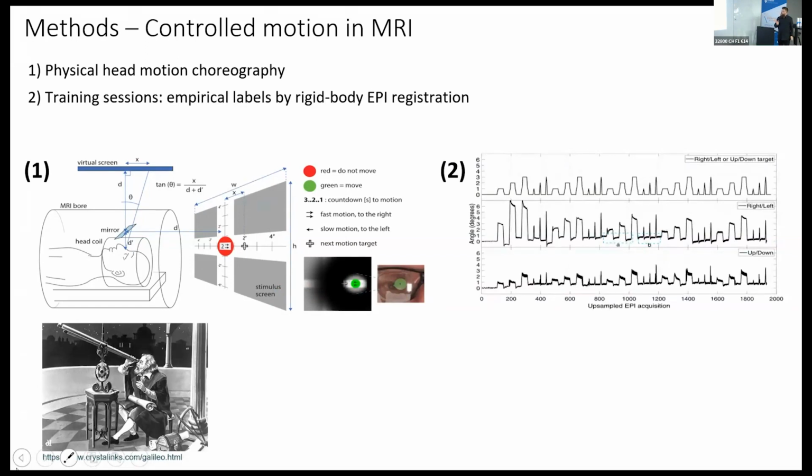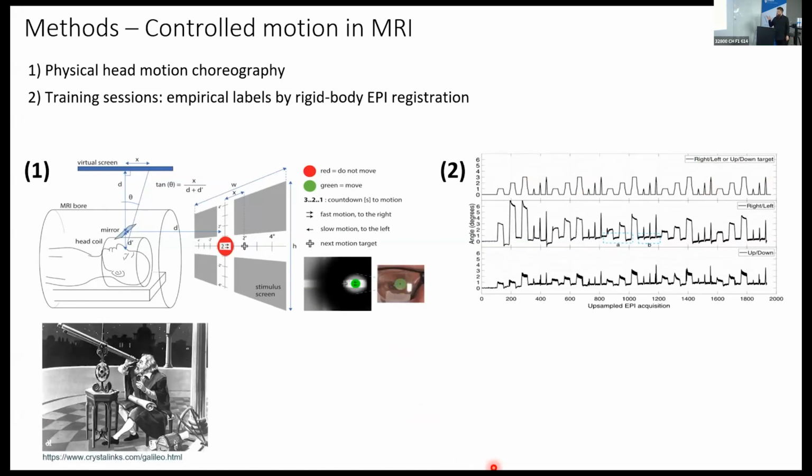The first step of this protocol is to perform an EPI acquisition. You have these EPI time series, which have two purposes. One is for the subject to get used to and be trained to reproduce the motion patterns accurately, so we show them repeatedly the same motion pattern over a period of about 5-6 minutes.